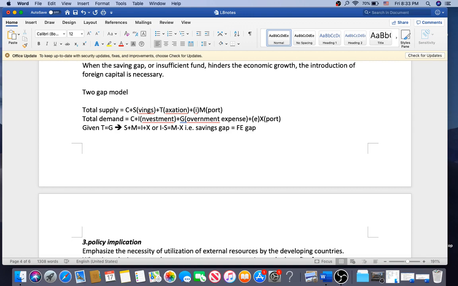And the model emphasizes the need for developing countries to utilize external resources.